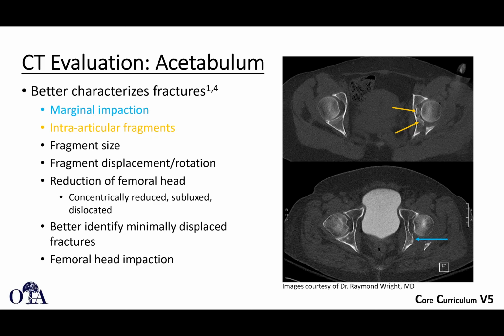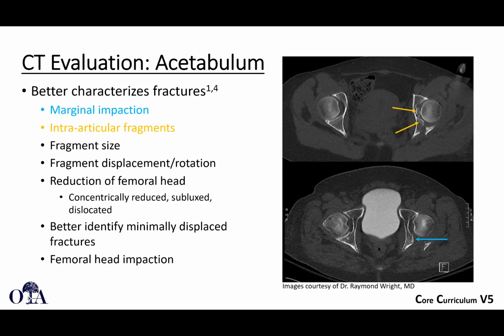But marginal impaction, especially of the posterior wall, can be a little harder to see, and CT scan shows it nicely in the blue line there. We've gone over this phenomenon already in previous videos, but just to reiterate, normally that joint surface should be here, and instead it is there. So that's the marginal impaction compared to the contralateral side.